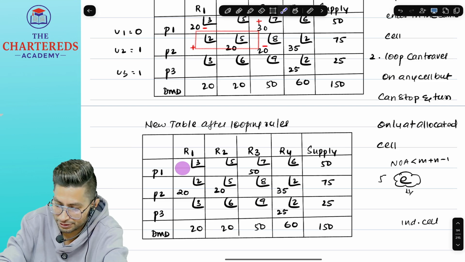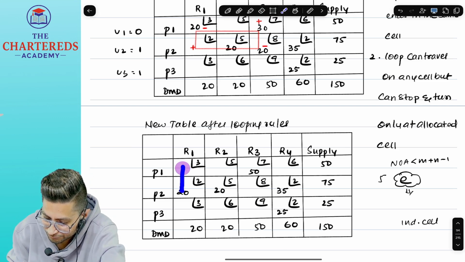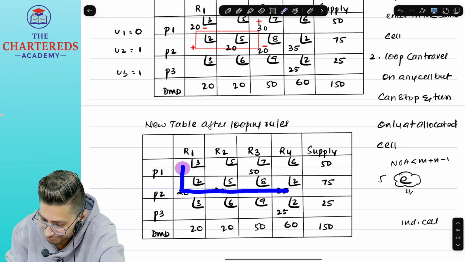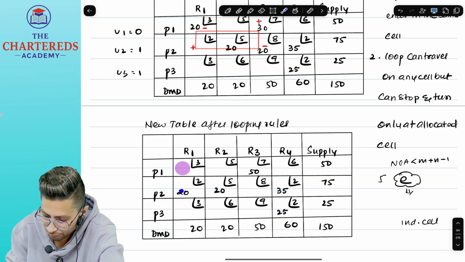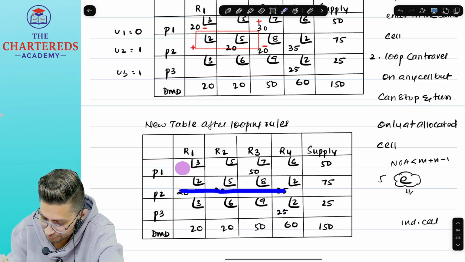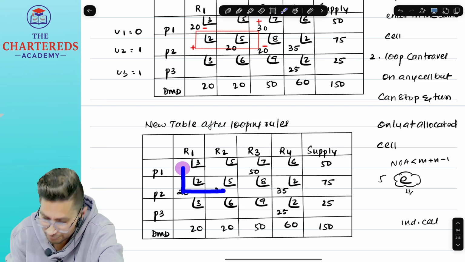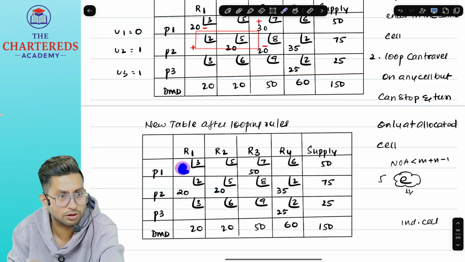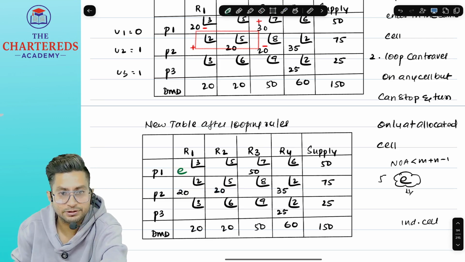Now let me check here. I come like this, like this, like this, like this. Loop is not forming. Or from here, if I try, there is no chance. Here loop is forming or not forming. So here what will I do? Here I will create an epsilon.